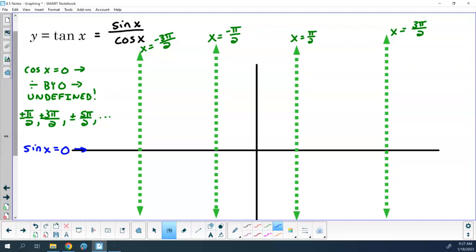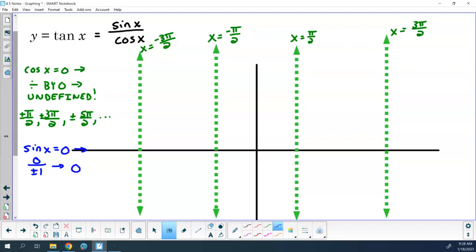Because it'll be 0 over some number. It'll be positive 1 or negative 1. So it'll be 0 divided by plus or minus 1, which is what? Those are all 0.